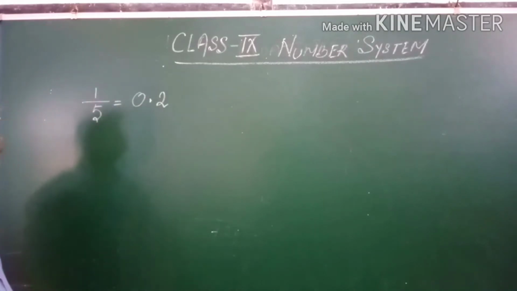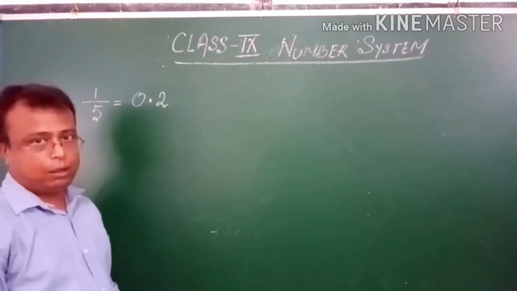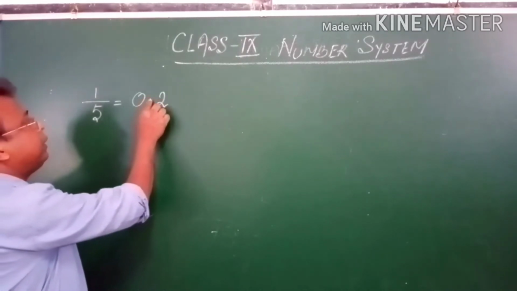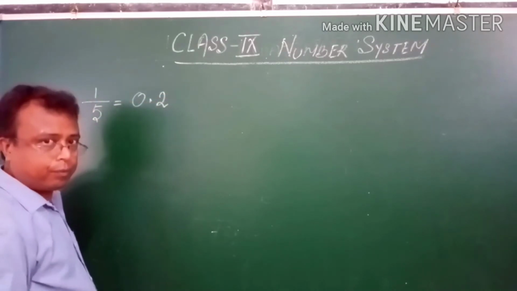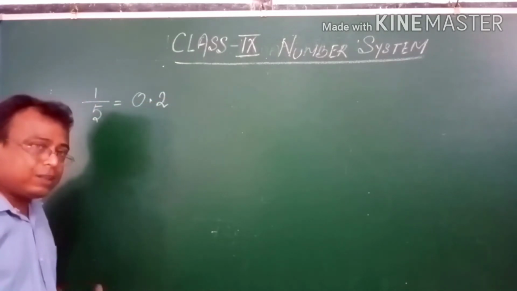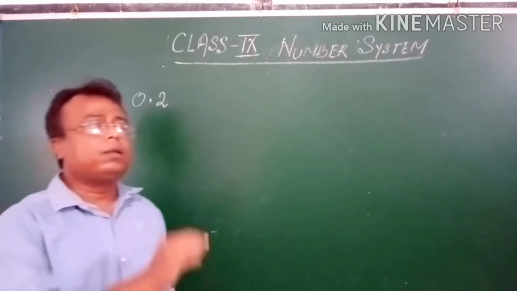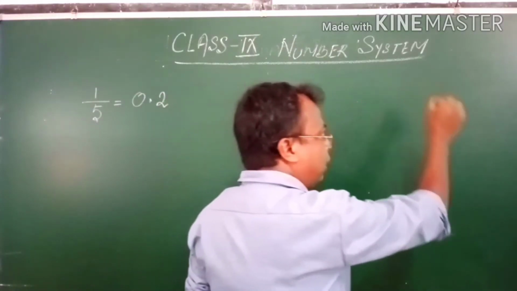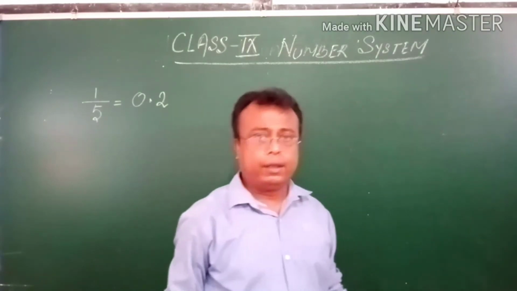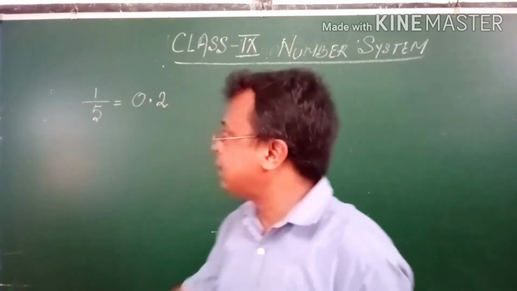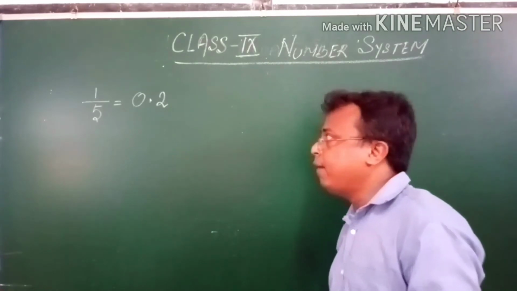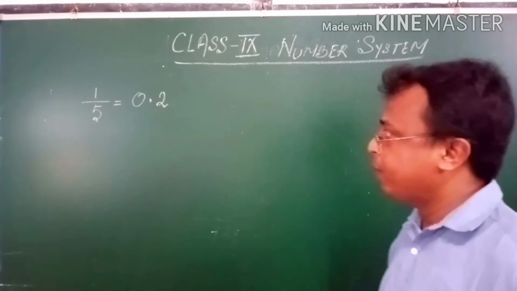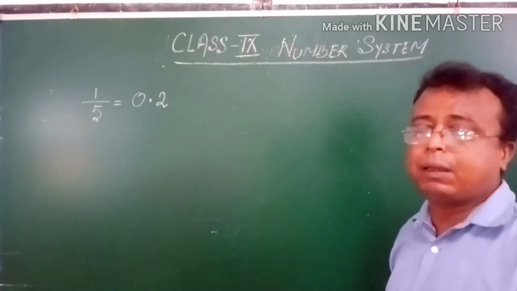Now you see, this is a terminating decimal. What do you mean by terminating decimal? After the decimal point it stops. Sometimes you have seen while dividing, some terms repeat again and again and it will never end. But in this case, when I divide 1 by 5, I got the answer 0.2, which means it is a terminating decimal.